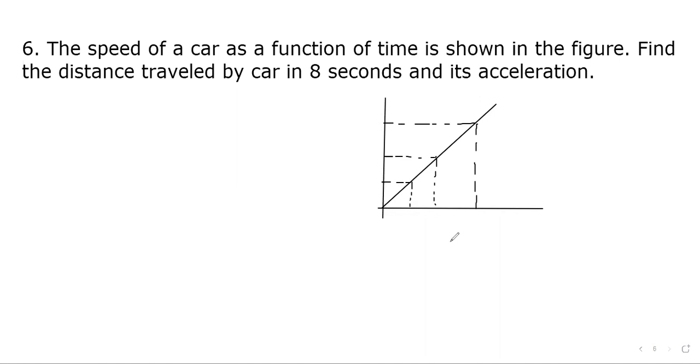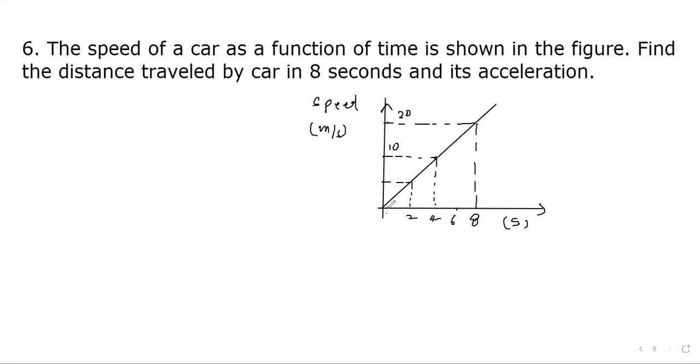This corresponds to 8, and here 6, 4, 2. This is seconds, this is time, and here this is speed in meter per second. This point corresponds to 20. This point corresponds to 10.